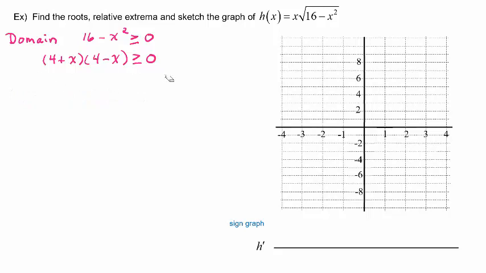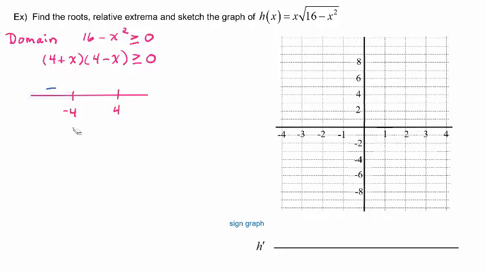And to solve a quadratic inequality, we know that we should make a number line. And then we will use test points. So one of the roots is -4, and the other root is +4. And we want to know when this product will be greater than or equal to 0. So let's use some test points. In this interval, we could use -5, and we would have a negative times a positive is a negative.